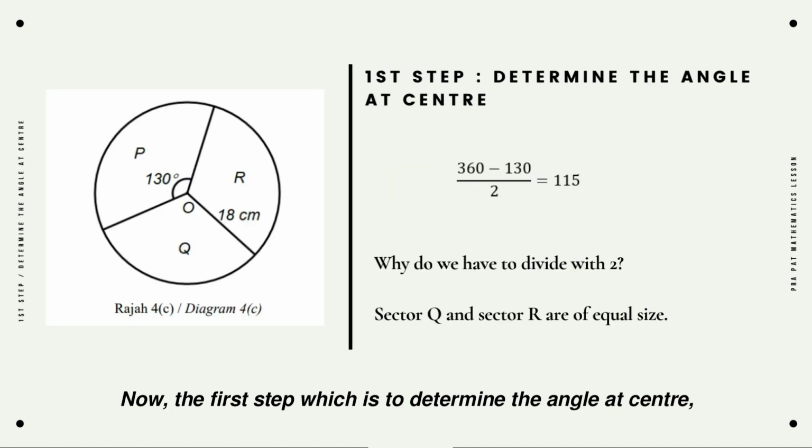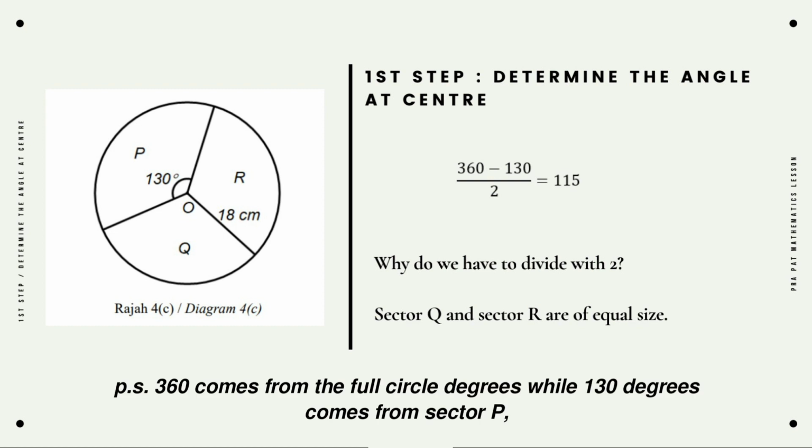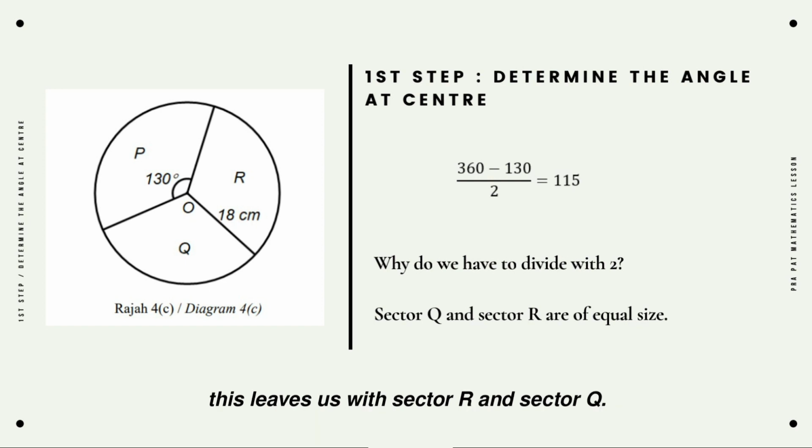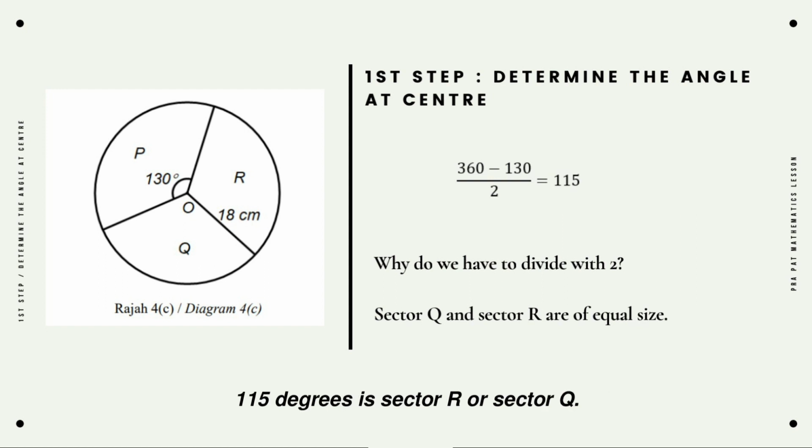Now, the first step, which is to determine the angle at center, we can see 360 minus 130. 360 comes from the full circle degrees, while 130 degrees comes from the sector P. This leaves us with sector R and sector Q. Then we divide that with 2, which will leave us with 115 degrees. 115 degrees is sector R or sector Q.